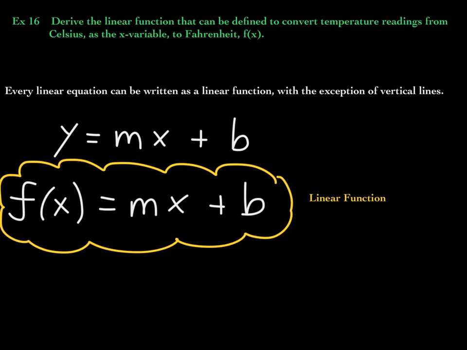All right, so this is what they want us to derive, a linear function. So we have to derive a function that looks like this. Well, you and I are going to have to do some work in order to find two things. We need the slope of this linear function, basically the slope of this line, and we need the y-intercept of this line.